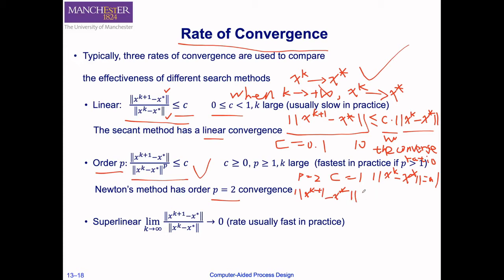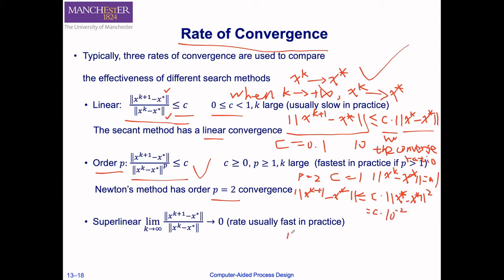Which is less than or equal to c times the error at iteration k squared, which is equal to c times 10 to the minus 2.